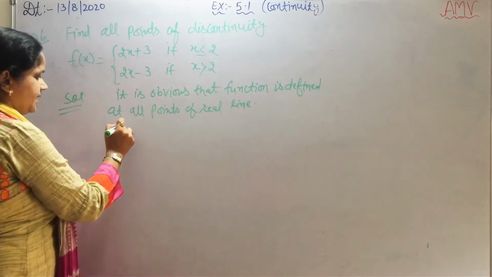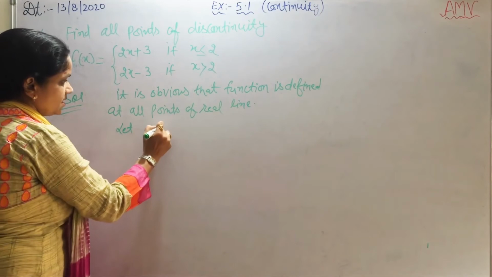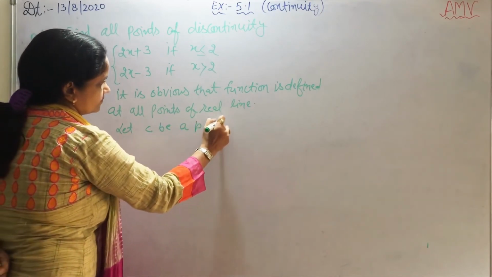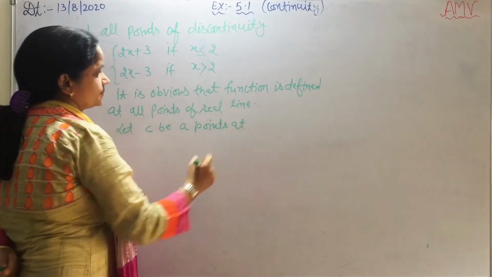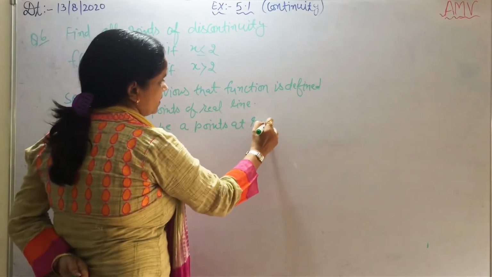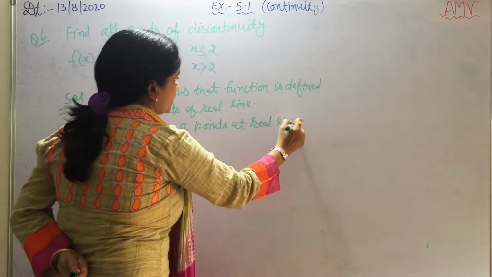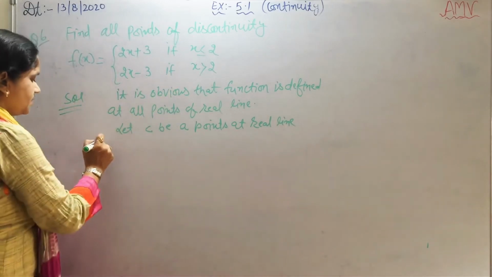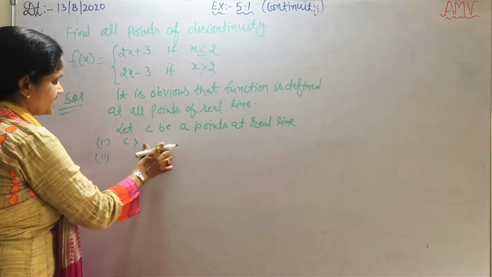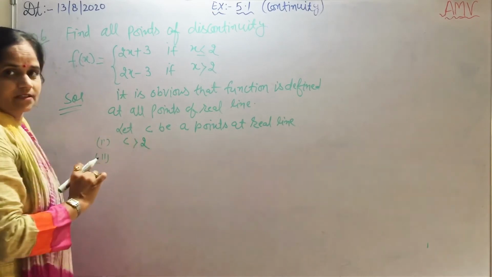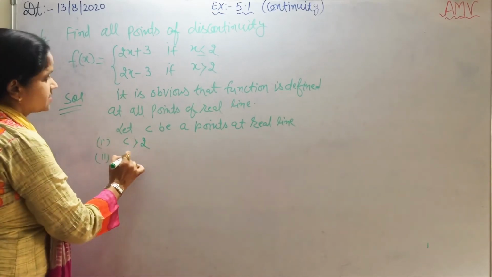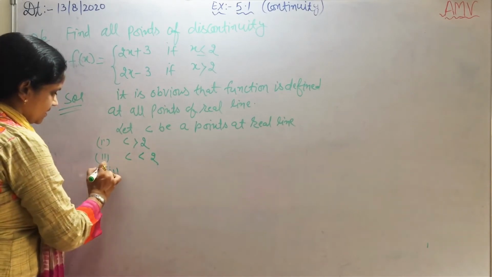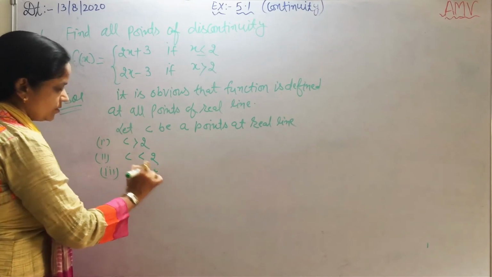Now let c be a point on the real line. Now we have to consider 3 cases. First, when c is greater than 2, second, c is less than 2, and third, c is equal to 2.